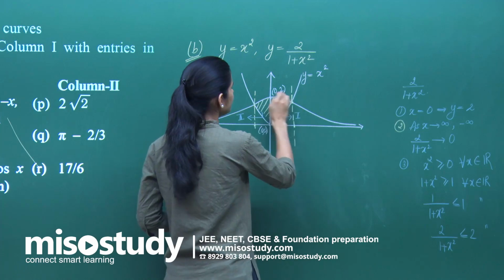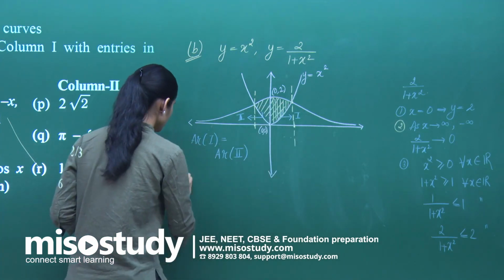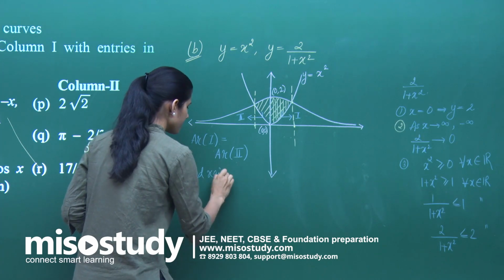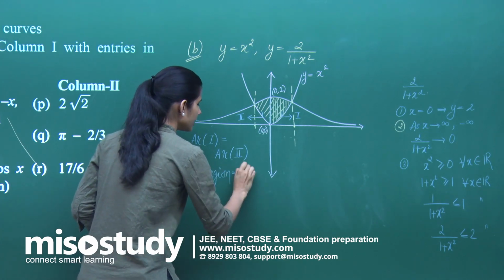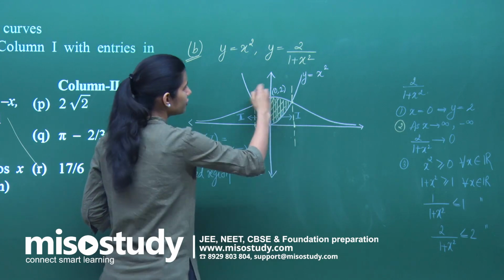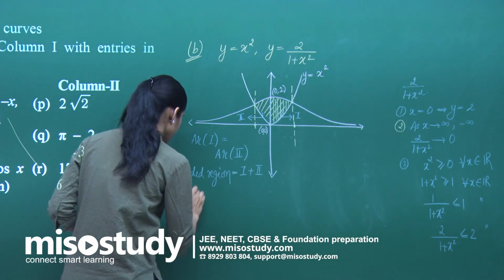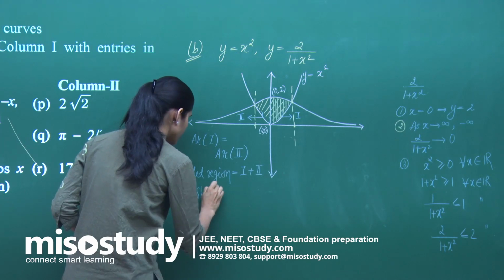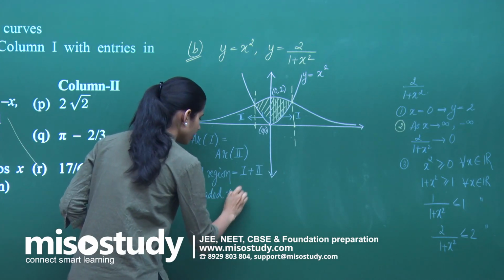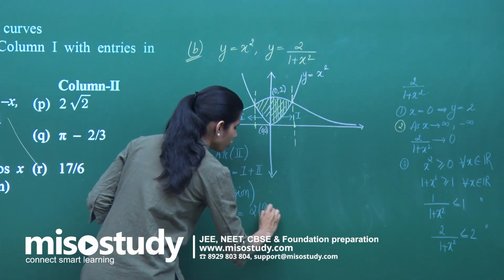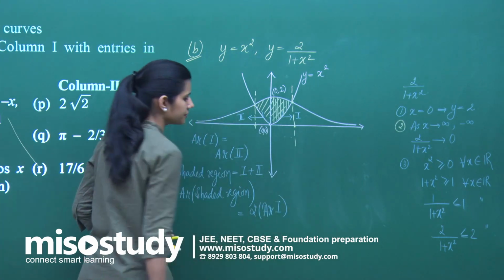So if I am taking this as my complete shaded region, you should realize that the area of the shaded region is 1 plus 2. But because area of 1 is the same as area of 2, the area of the shaded region is area of 1 plus area of 1, which is twice the area of 1.